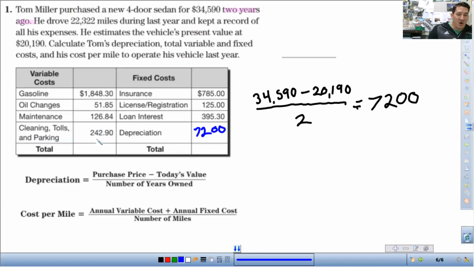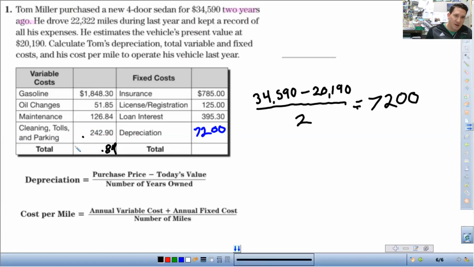I'm going to add up the variable costs real quick to figure out the total variable costs. 1848.30 plus 51.85 plus 126.84 plus 242.90 is equal to $2,269.89. Man, that handwriting got messy.